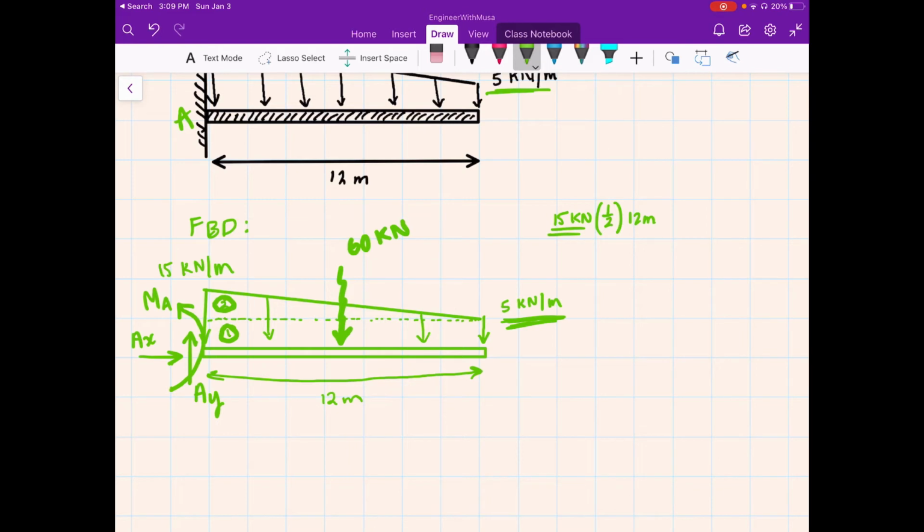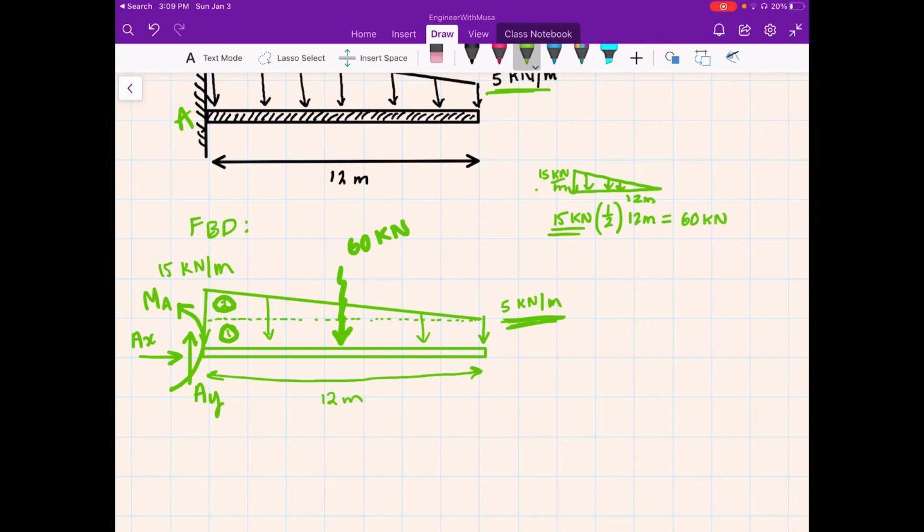So we're essentially drawing the 12 meters down here, 15 kilonewton per meter over here, and this is how you turn a distributed load into a point load, which is going to be also 60 kilonewton.